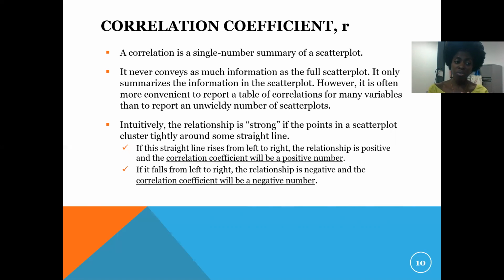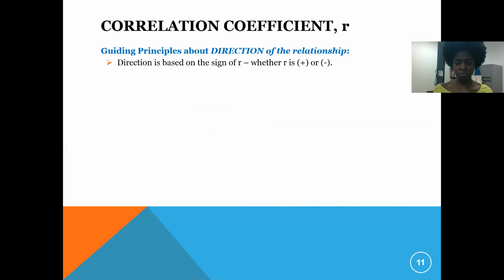Our correlation coefficient, in a nutshell, would spit out to us a positive number. Now, if it's a negative relationship, from left to right the line is falling, right? Then we have a correlation coefficient that should be spit out to us with a negative sign beside it. So now the correlation coefficient is telling us what we would have already seen in the graph, okay?